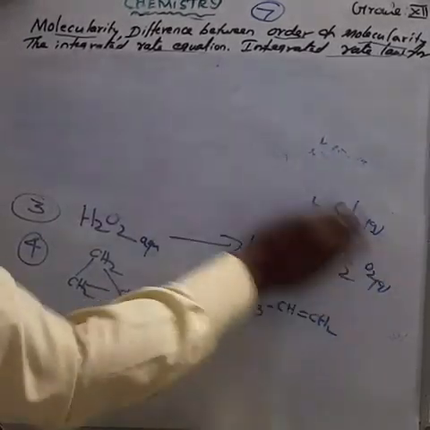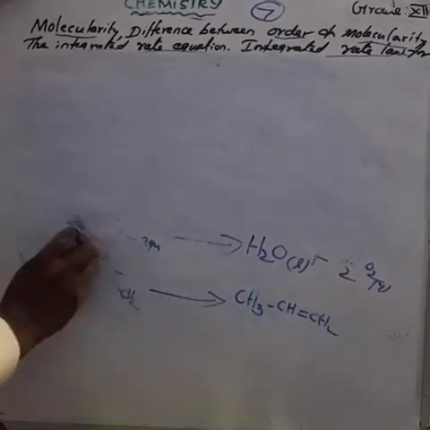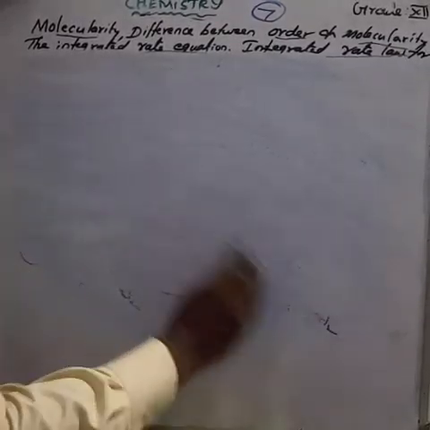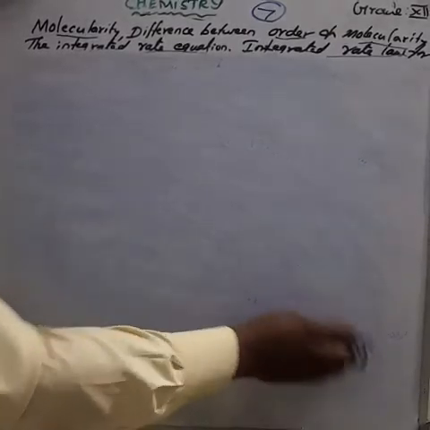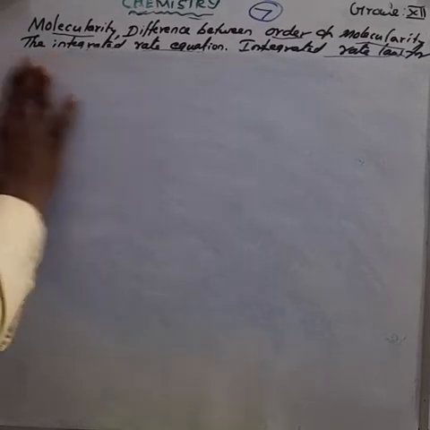Next, we can discuss molecularity and what the differences are between order and molecularity of a reaction. Molecularity. In chemical kinetics, the kinetic studies involve not only the measurement of the rate of the reaction, but also learning how the reactant is converted into product from the initial to the final stage.